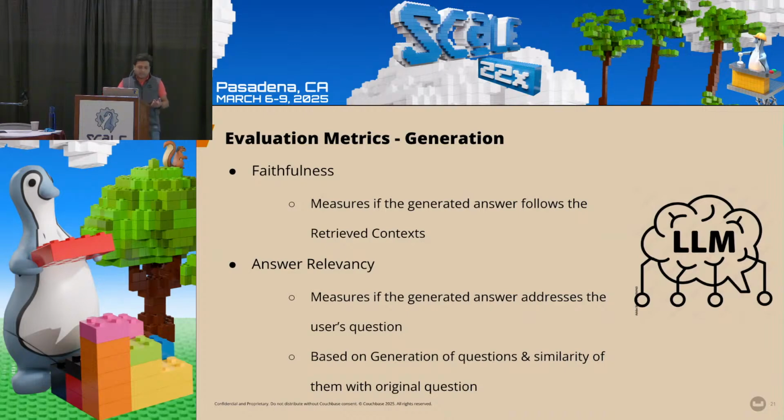And you take an average of the similarity of those generated questions with the question that the user asks to come up with how relevant the answer is. So if the questions generated based on the answer were similar to the original question the user asked, the answer is deemed to be relevant. Whereas if it's not, then maybe the LLM hallucinated or answered something tangentially instead of directly answering the user.